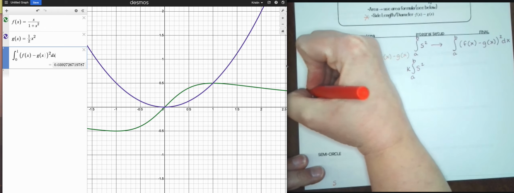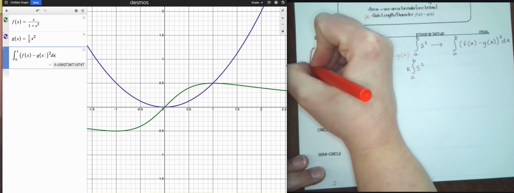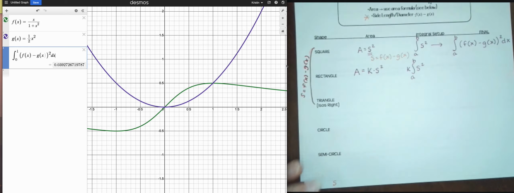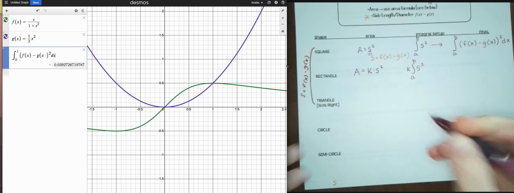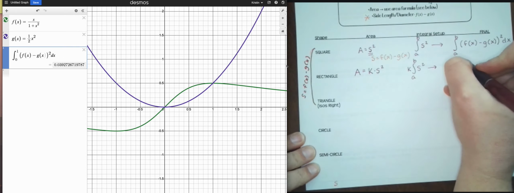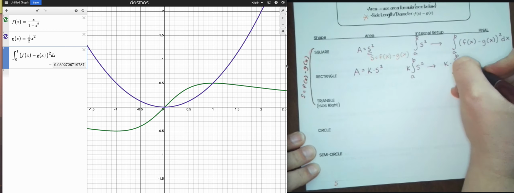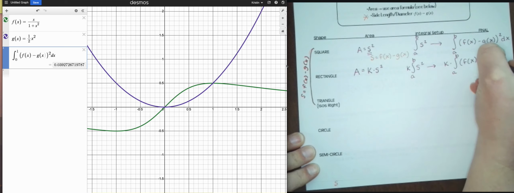All right. Okay, that's true for all 3. So when we write this integral for real, it's just k times that same integral of f of x minus g of x squared.